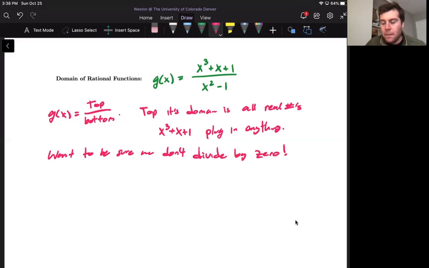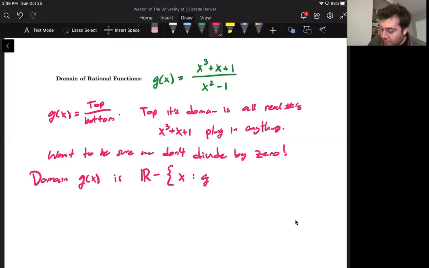So the domain of g of x is all real numbers. We use this minus sign to indicate except. So all real numbers except the real numbers x where the bottom part equals 0. Sorry, I wrote that wrong, not g of x. So that's in math.